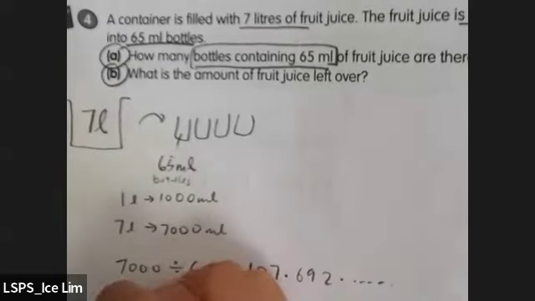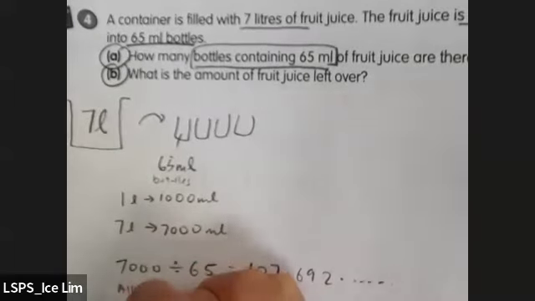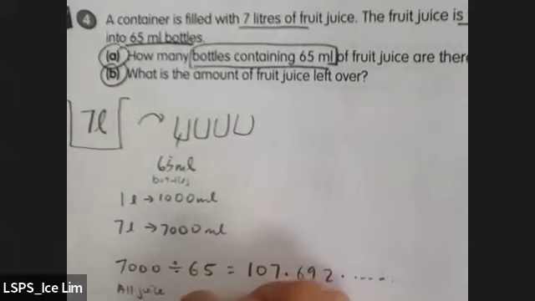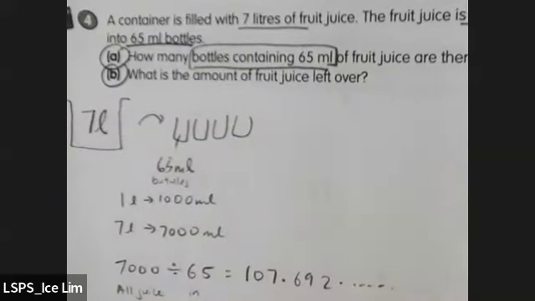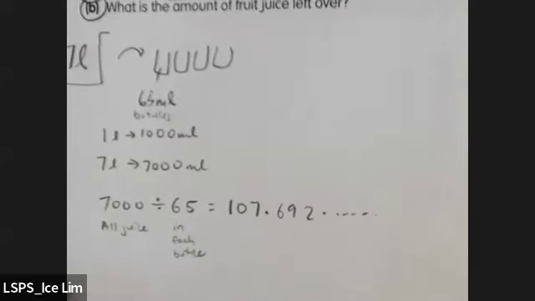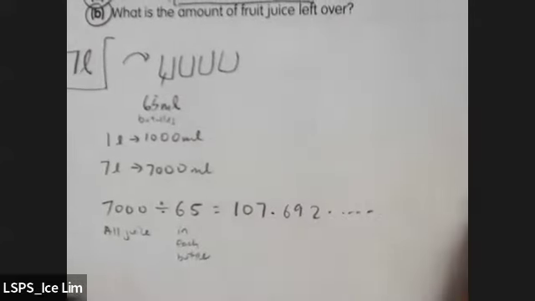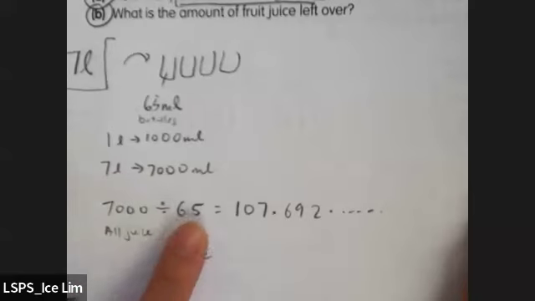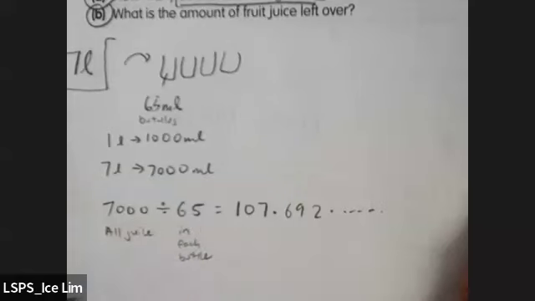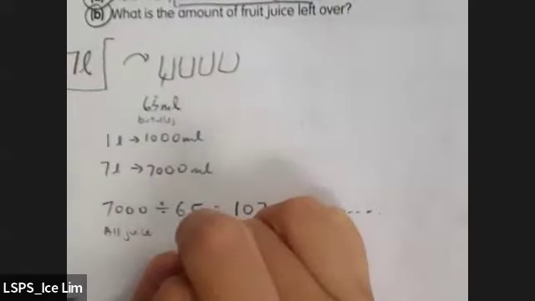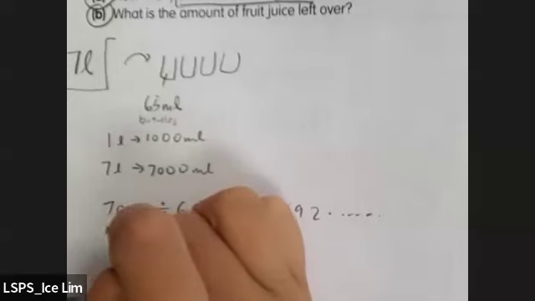So the idea is you have all the juice divided by the amount of juice in one bottle. So in one full bottle is 65 milliliters.